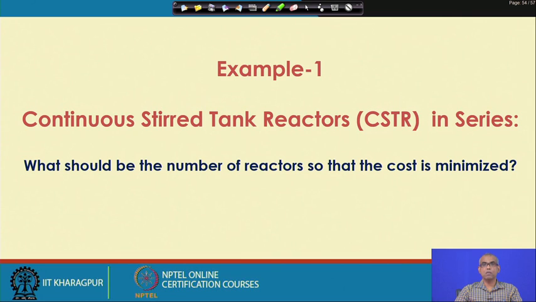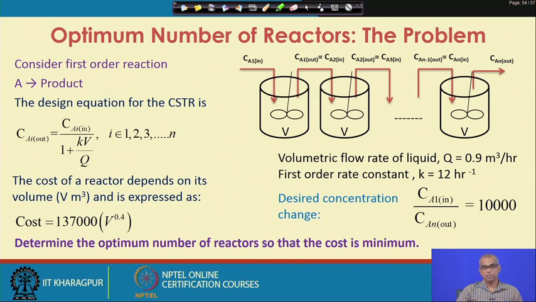Each reactor has the same volume and we want to find out the optimum number of reactors in this train, so that the total cost is minimized for a specific change in concentration of the inlet reactant stream. So, let us try to understand the problem first.